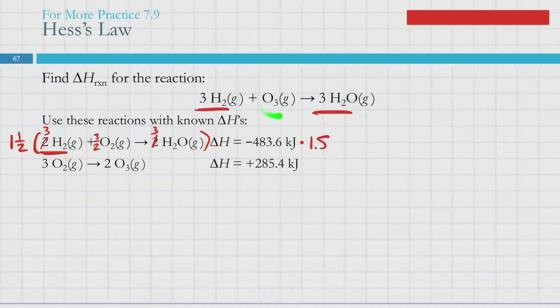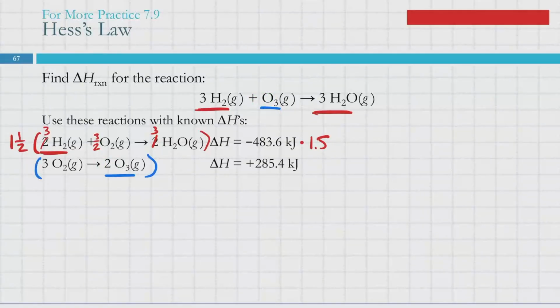And then to get our O3, our ozone, we've got ozone in our second equation, but it's on the wrong side. So we're going to need to flip sides so that it's no longer a product, it's a reactant. And we've also got 2 ozones in this reaction, and we need to get it down to 1.